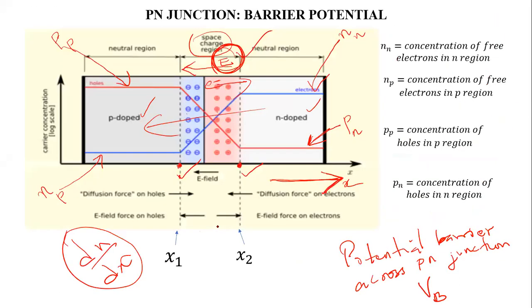So this is your junction region, and this side we call x1, and the other end of this potential barrier, the other end of this depletion layer, we call x2.